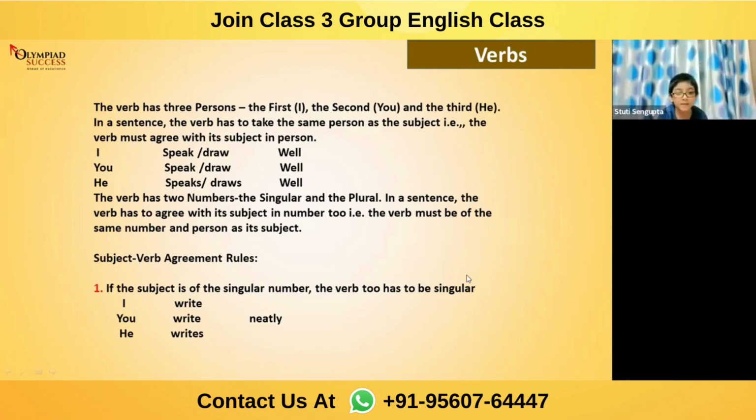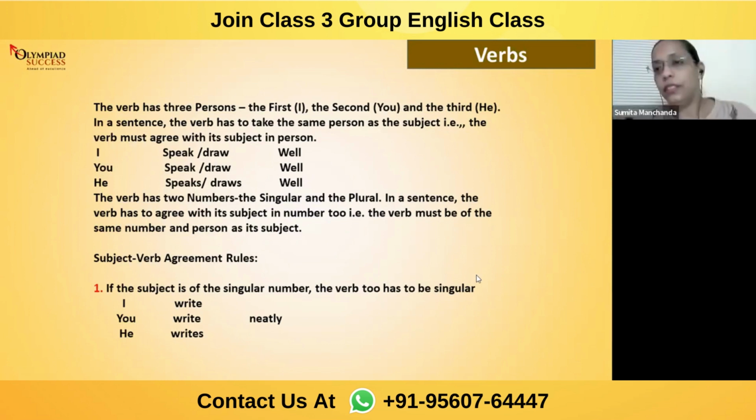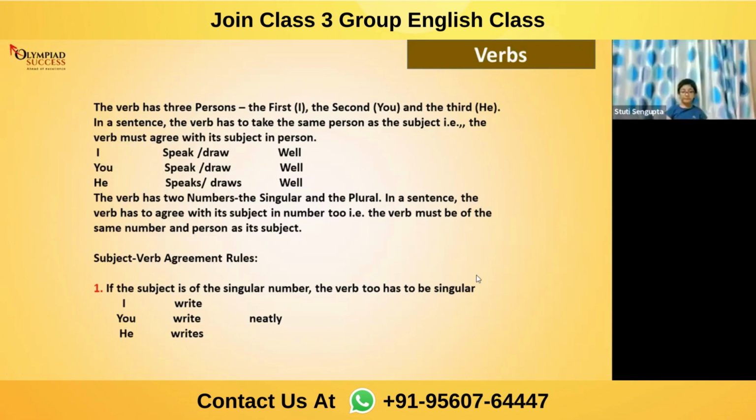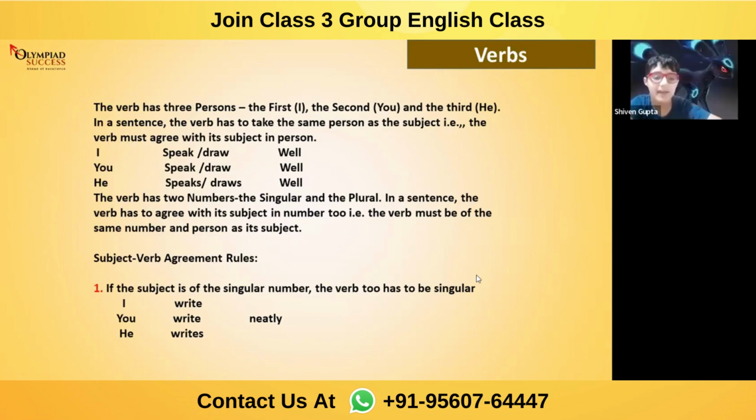I didn't understand, if the subject is the singular number, the verb too has to be singular. Okay, I'll come to that. Yeah, Shivin? Excuse me, ma'am. If we add S to singular, then I and you don't have any S, ma'am.